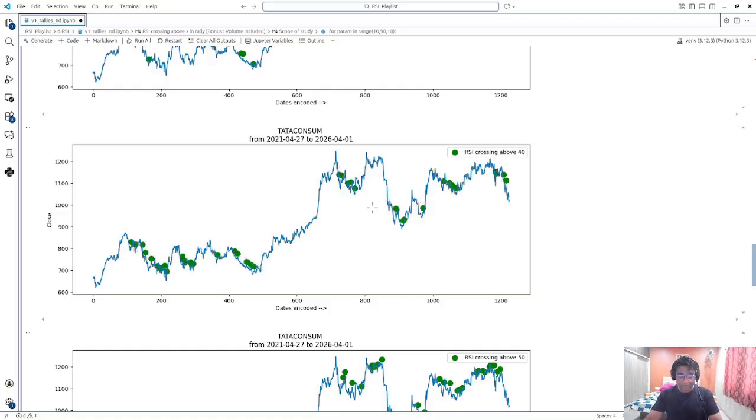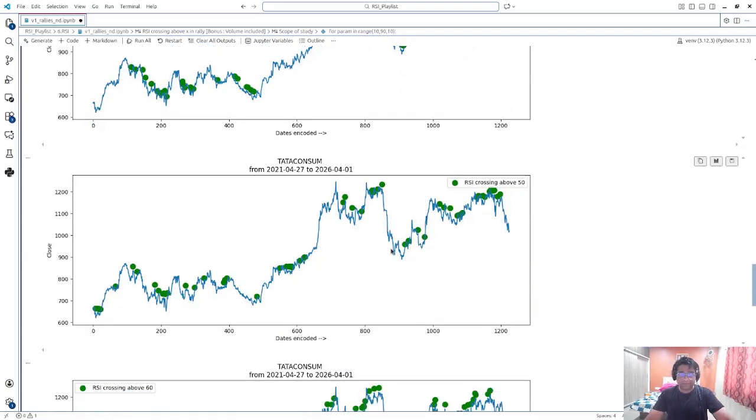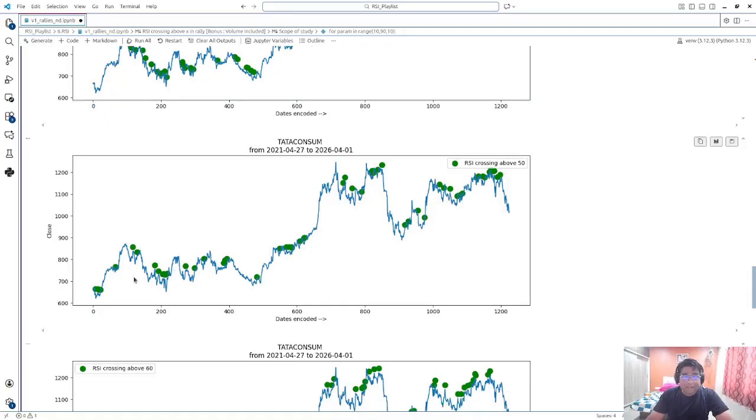Let's go and see 50. Yes, this is happening on both sides of the troughs. RSI crossing above 50 is on the right side also, left side also, during correction also, during rally also, as you can see.